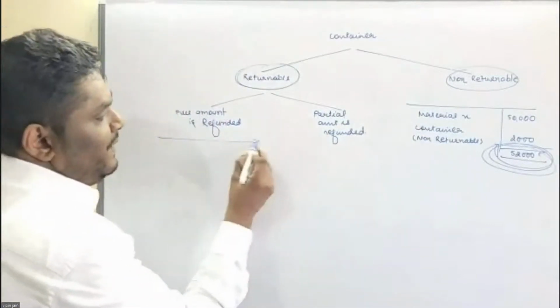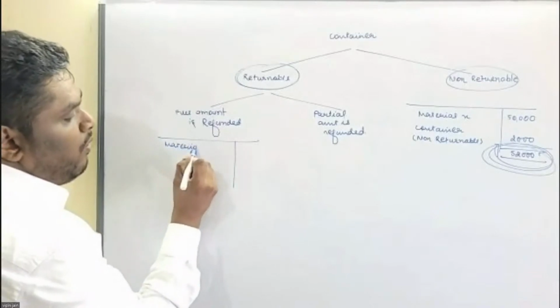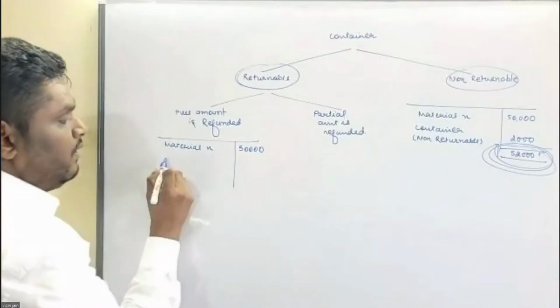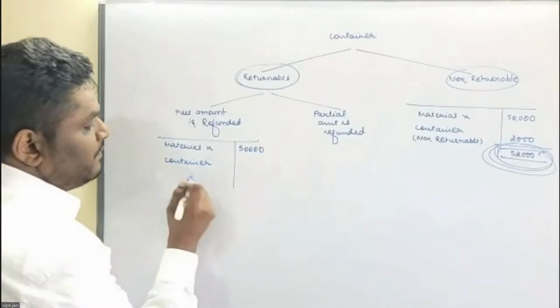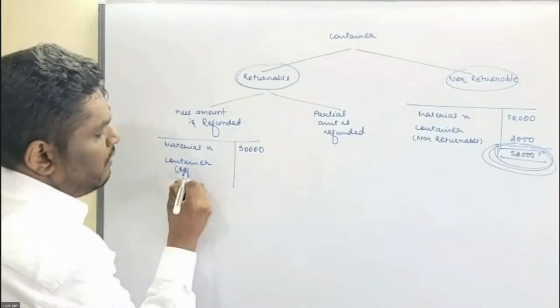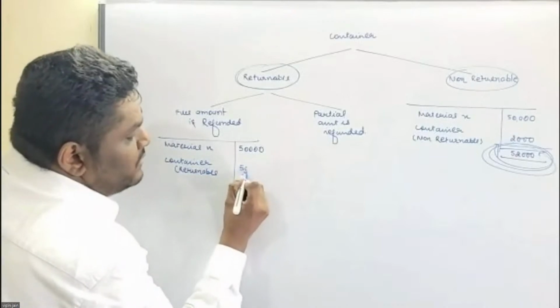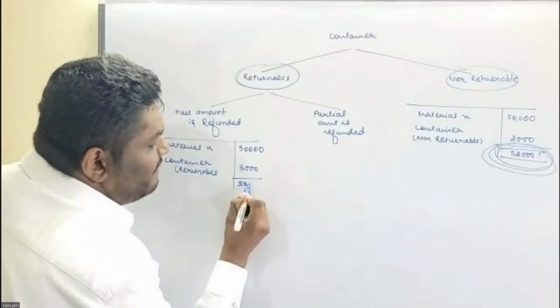Let's take an example. Let's say the product material X is 50,000, and the returnable container is 5,000. Total amount is 55,000.